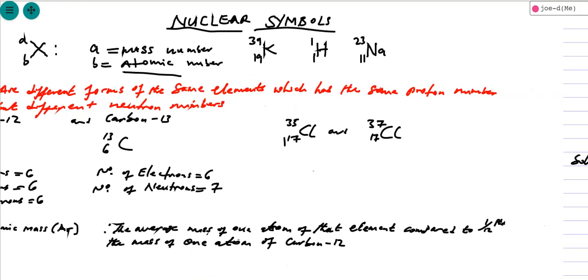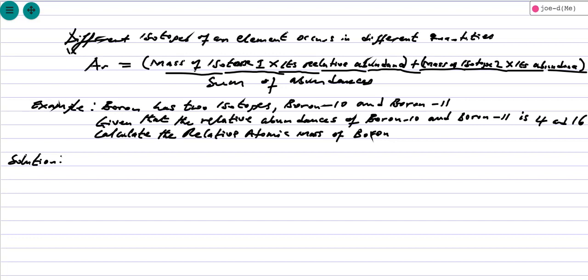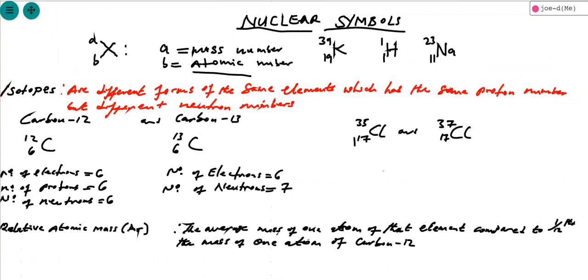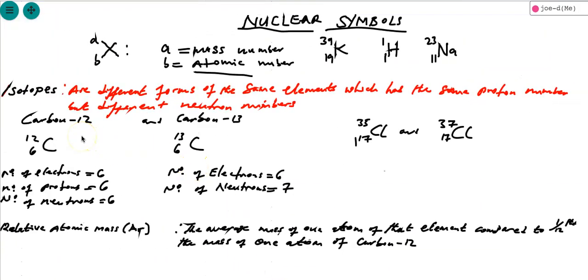For example, let's look at the different isotopes of an element. They occur in different quantities. So if we go back here, with carbon-12, it is very likely that if you come across carbon, maybe 70% of the carbon you will see will be carbon-12, and 30% of carbon in existence will be carbon-13.